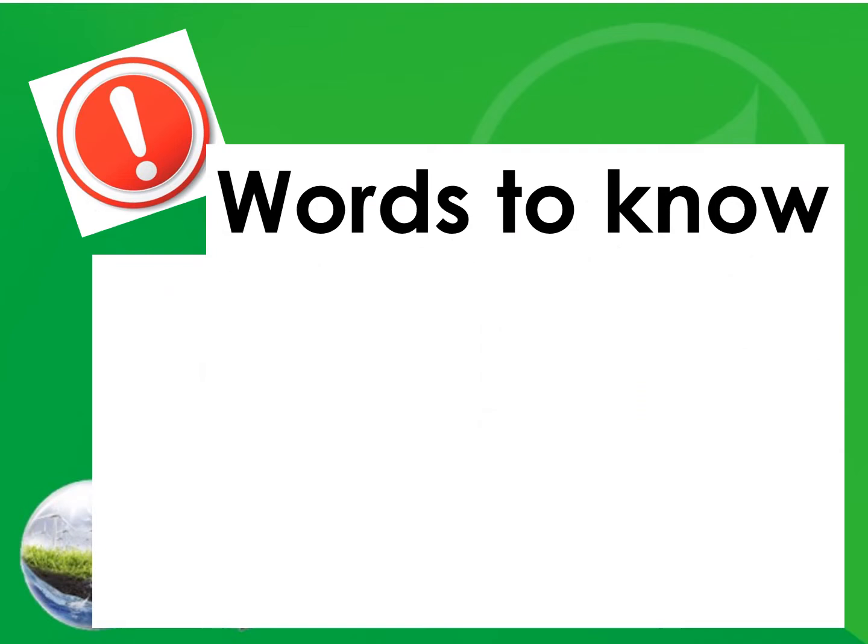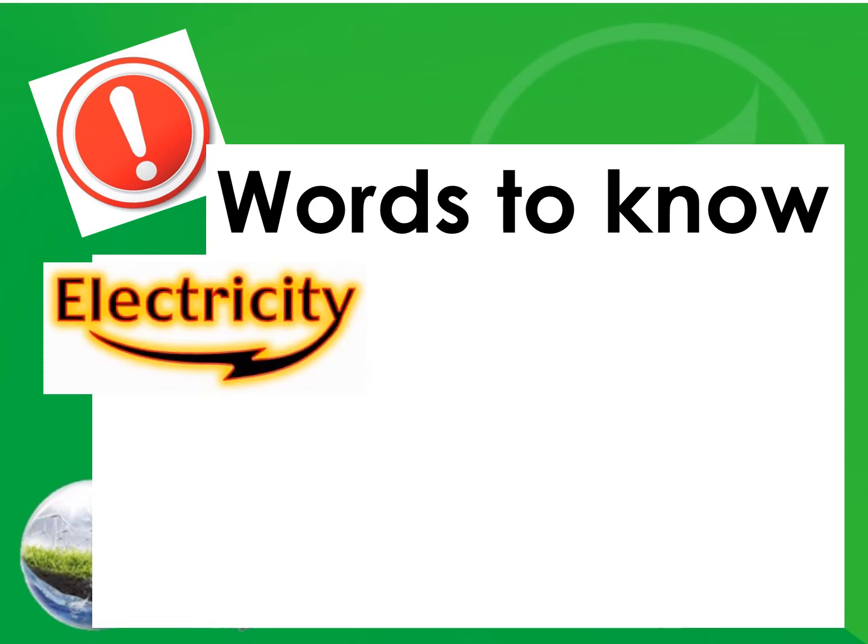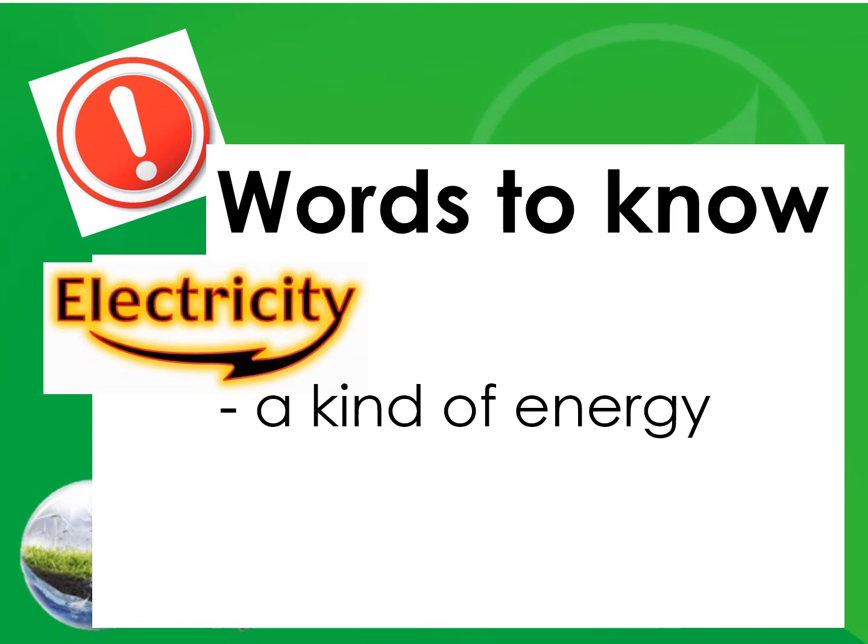The first word is electricity. Can you repeat the word? Very good. Let's say it together. Electricity. What is electricity? Electricity is a kind of energy. Kind of energy. This means that there are other kinds of energy, and electricity is just one of them.